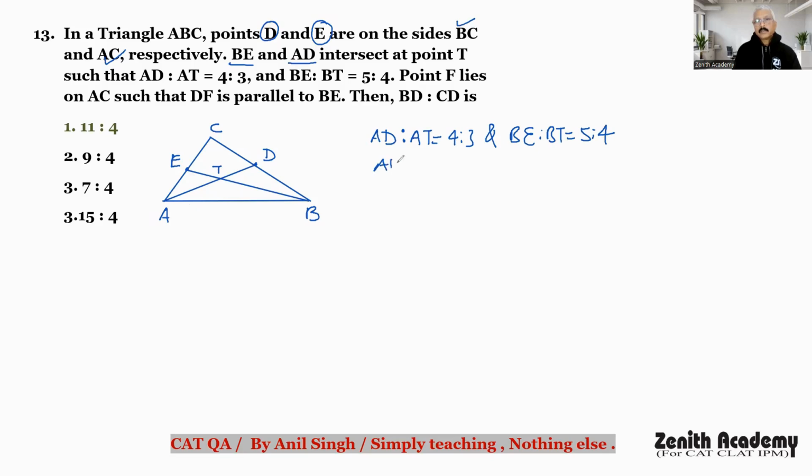It means AD is 4x and AT is 3x, and here let us take BE is 5y and BT is 4y.